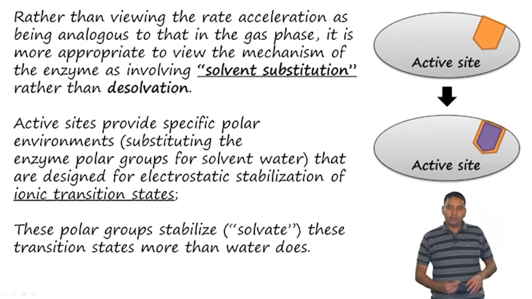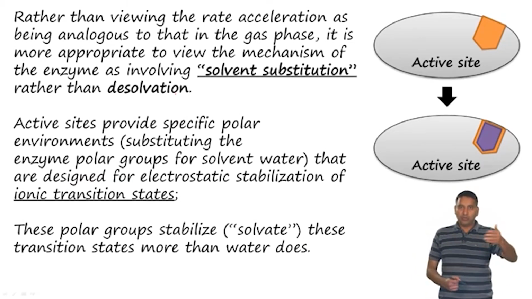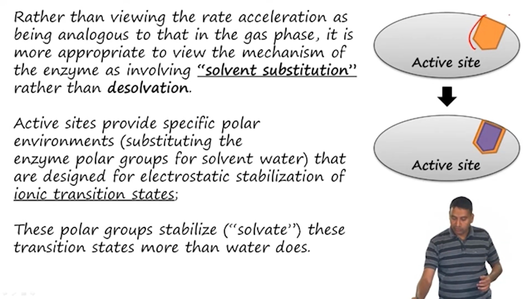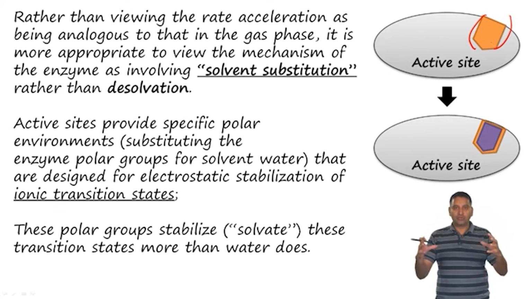Now, another view of this is that instead of thinking about it as being a gas phase, it is perhaps more appropriate to view this mechanism as solvent substitution. When you have an active site, inside the active site there are groups that can solvate the substrate.